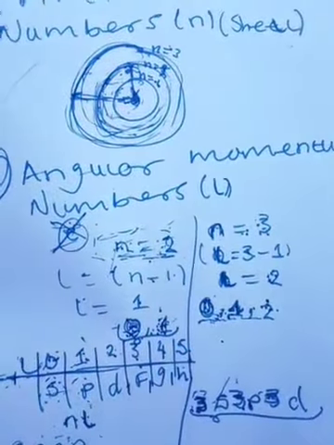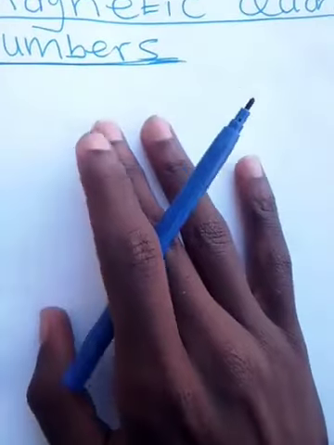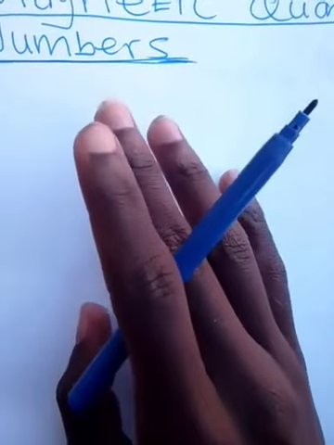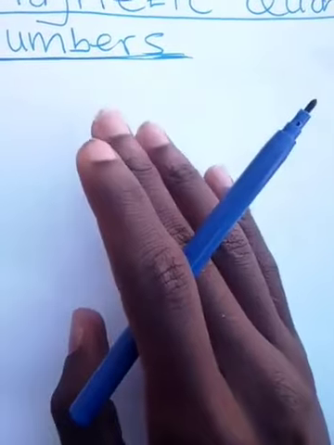So let's look at the magnetic quantum numbers. So far we've talked about the principal quantum numbers and the angular momentum numbers, right? And I'm sure you've seen that the angular momentum numbers depend on the principal quantum numbers, because for us to know the number of subshells, we need to have an idea about the value of n.